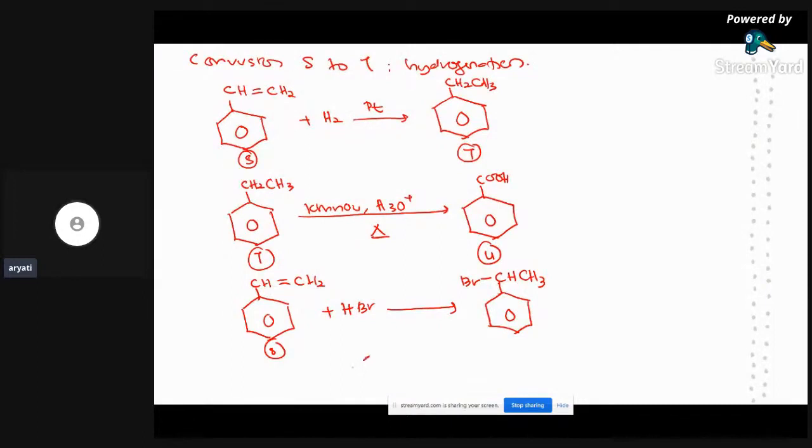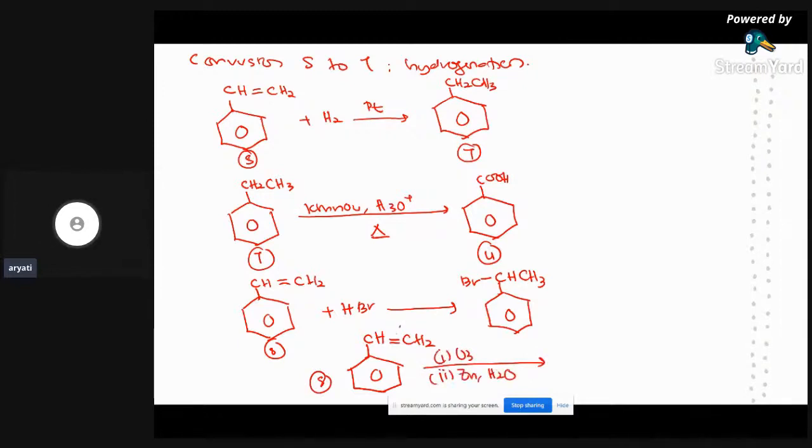So tak muat saya sini. So tindak balas S. Okay, undergo ozonolysis mesti nombor 1 with ozone followed by hydrolysis with zinc water.